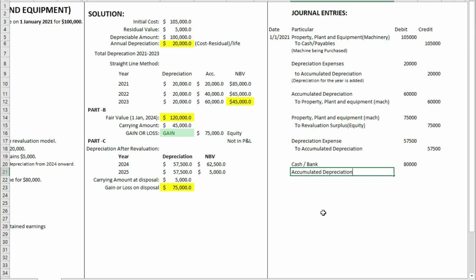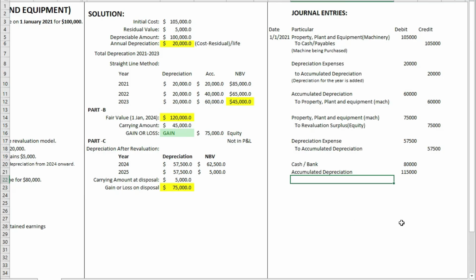How much was it? It's actually the 2 years, like 57,500 and 57,500. So both of them make the accumulated depreciation, which is 115,000.